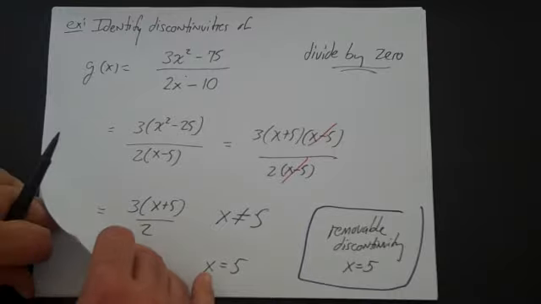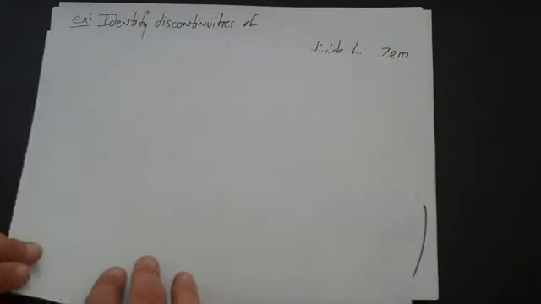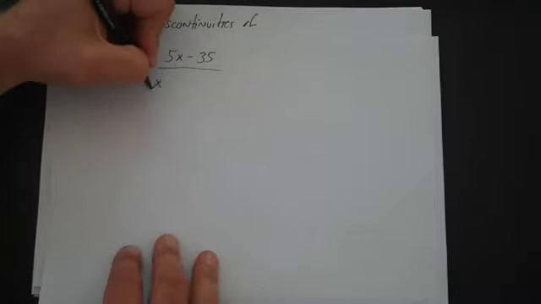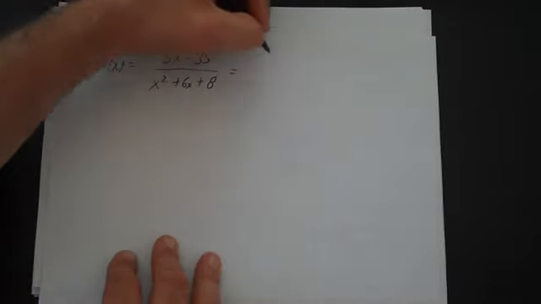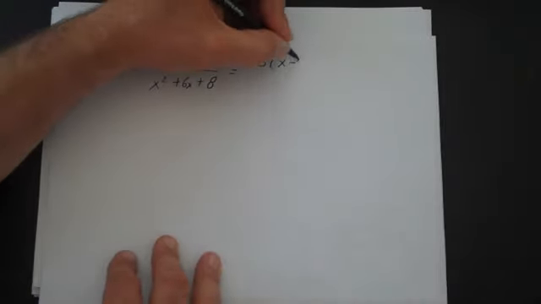Let's do another example. Let's say you want to identify the discontinuities of k of x equals 5x minus 35, over x squared plus 6x plus 8. Again, you're trying to find out where you divide by 0. I'm going to take a 5 out of the top, and I get 5 times x minus 7.